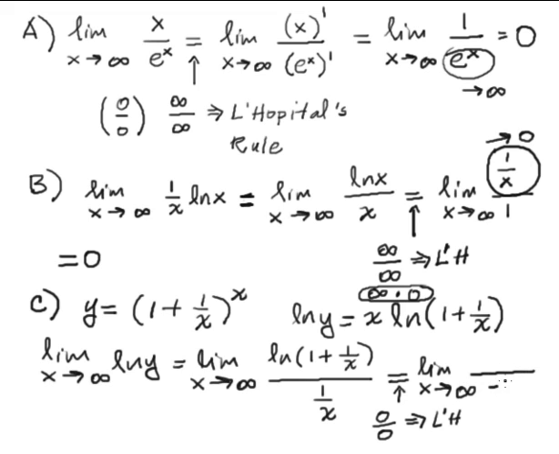Here we get minus 1 over x squared for the denominator. Okay, the numerator is going to be a little complicated. It's 1 over 1 plus 1 over x in the denominator times the derivative of 1 over x, which is minus 1 over x squared. And these cancel. This denominator with this numerator cancels. Okay, so that simplifies quite a bit.